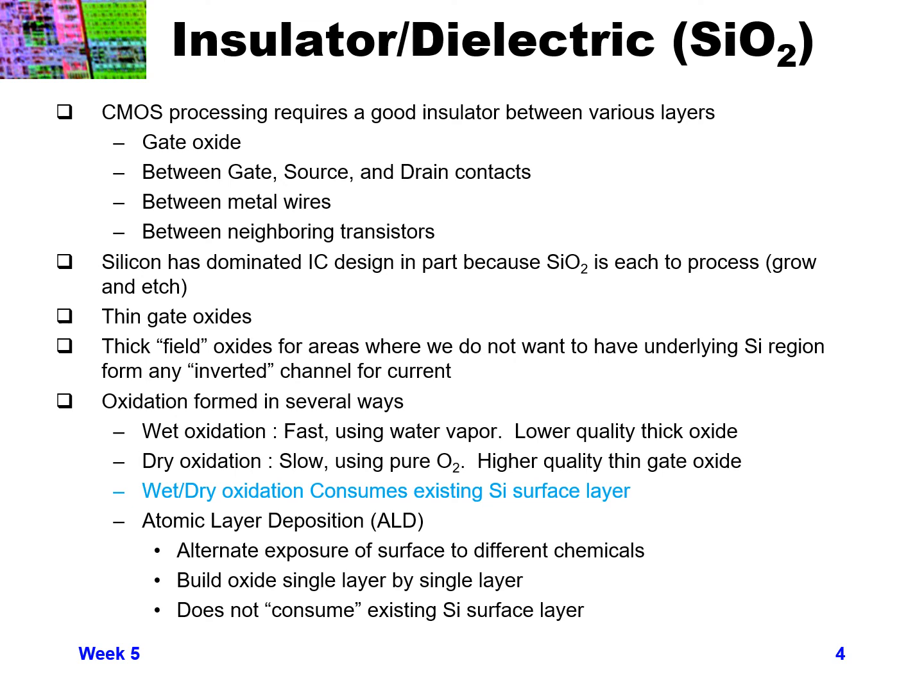It creates a thick oxide, and creates it fairly fast, but it's a little bit lower quality oxide. Wet oxidation is normally used in areas where we need a pretty thick oxide, so in our field regions where we don't want our transistors.